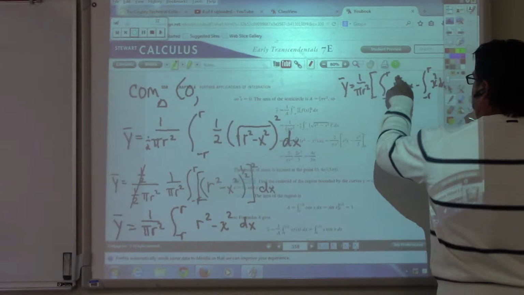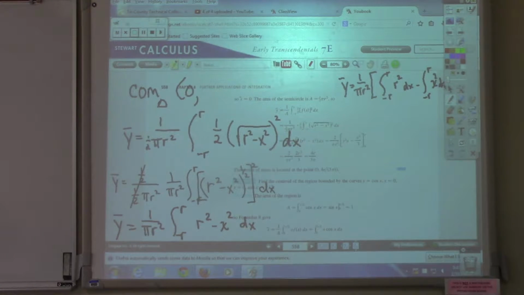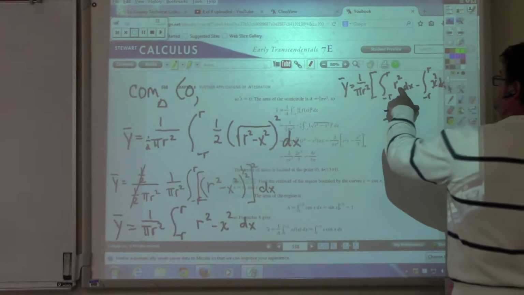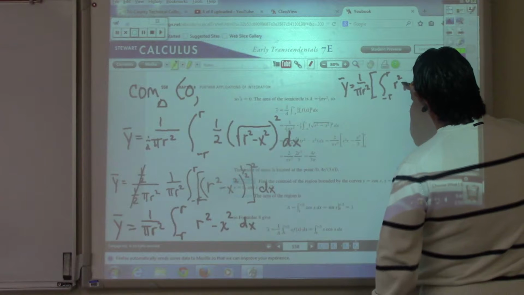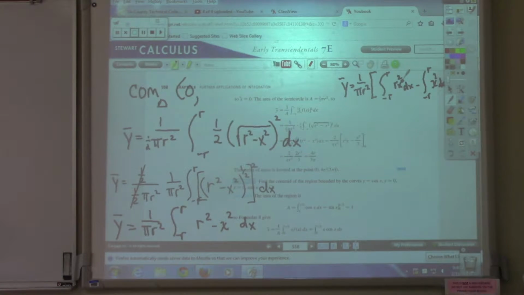And what do we do here? That's not rhetorical, I'm asking y'all. What's the antiderivative of x to the 0 power? X to the first over 1, right?